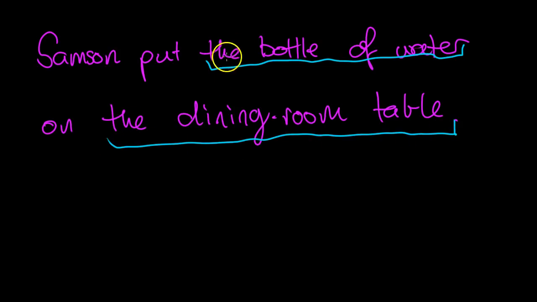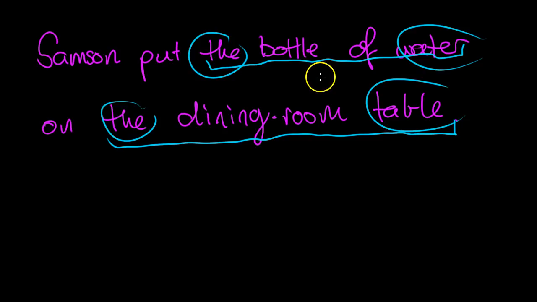You can see that both of these have got a pointer, both of these have got a noun, and both of these have got an adjective which describes the noun. Dining room table, and the bottle of water.